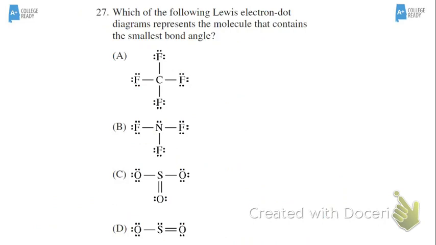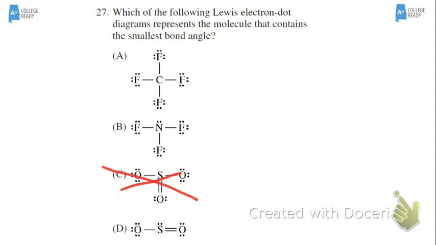And then 27, which asks for the molecule that contains the smallest bond angle. So go ahead, pause the video, and we will go back to this. Alright. Now, A, B, C, and D. I would hope that we could immediately eliminate C, because without a lone pair of electrons on C, it is going to have a trigonal planar geometry, which means its maximum separation will be about 120.